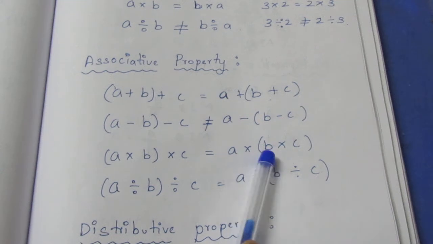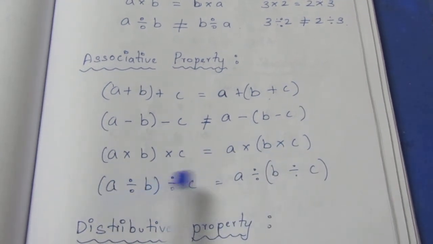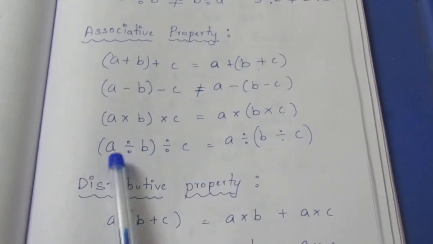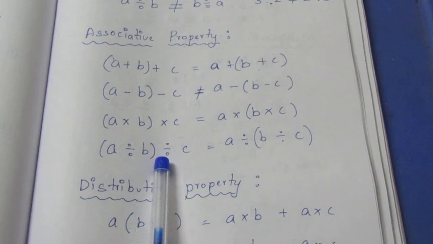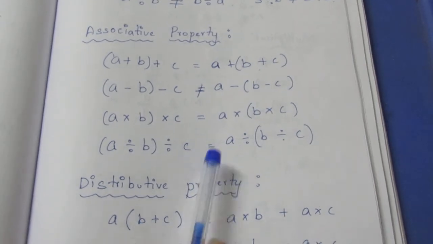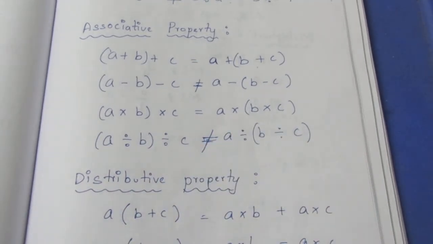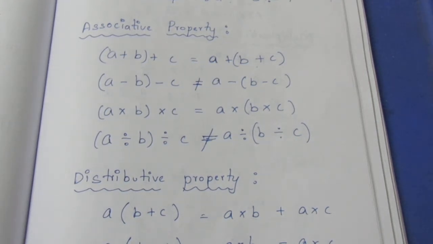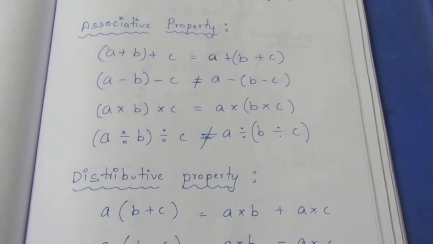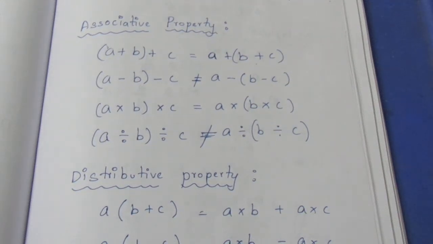Here it is equal, and in division, (a ÷ b) ÷ c is not equal to a ÷ (b ÷ c). So for the associative property also, subtraction and division are not possible, only addition and multiplication are possible.